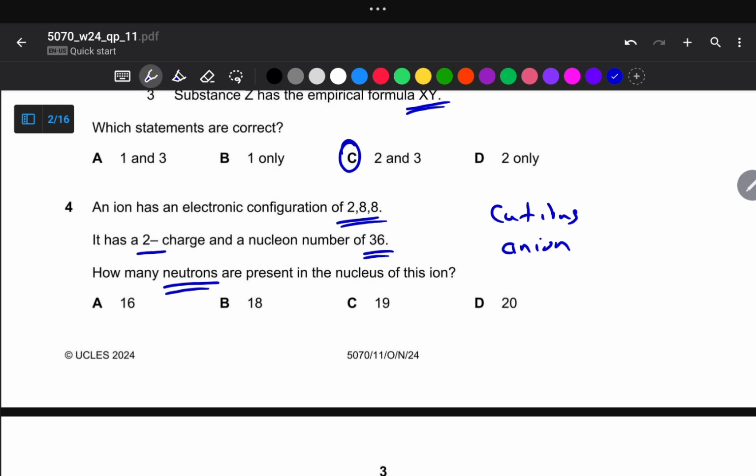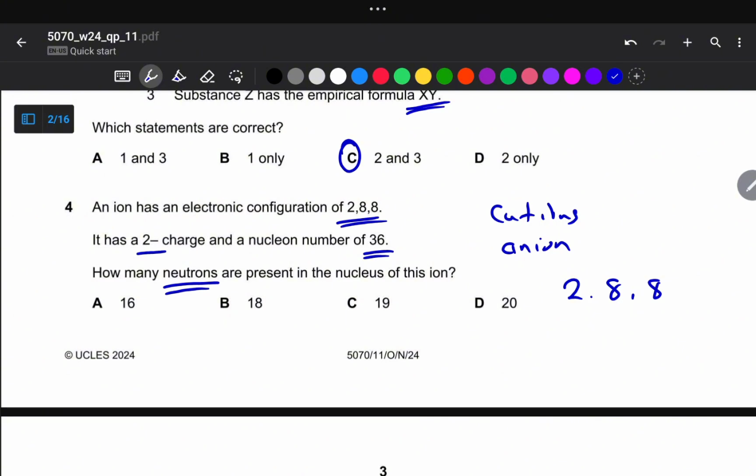So originally we have got this electronic configuration of this ion, which has attained the stable noble gas electronic configuration. So we are told that the ion has this charge 2 minus. So this charge indicates the number of electrons the ion has gained during the chemical reaction, right?